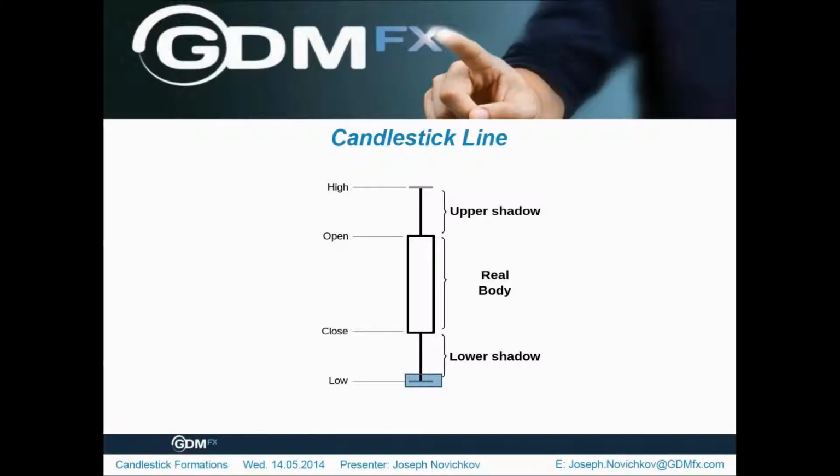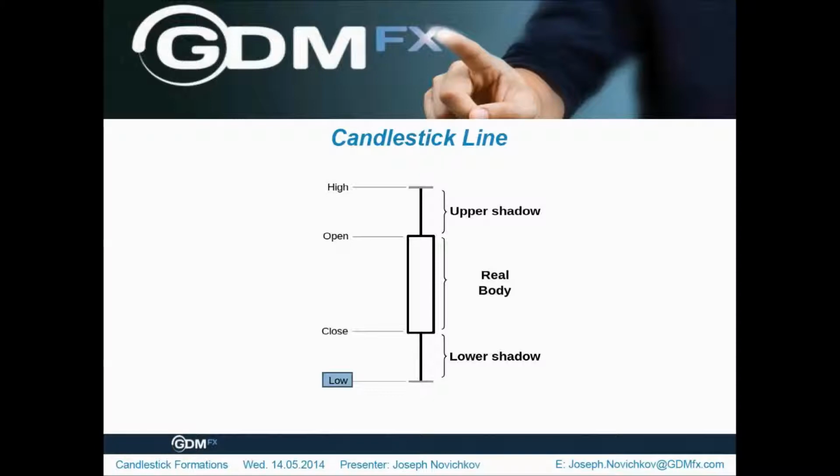As a summary, we have four different types of information from only one candlestick line. The first is the opening price, the second is the closing price, the third is the highest price that the session has reached, and the fourth is the lowest point that the session has reached.